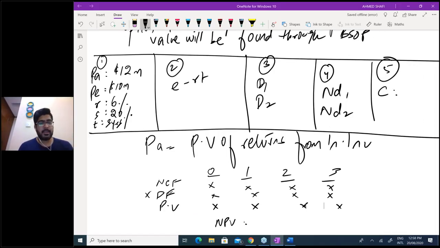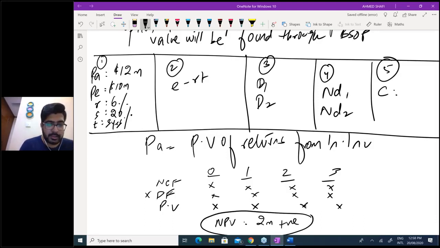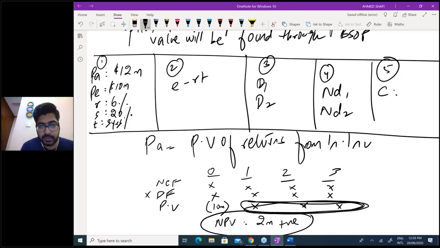Now NPV is 2 million positive. And the initial investment, which comes in year 0, is 10 million. PA stands for present value of returns from initial investment. So what would be the present value of returns? These returns have to be 12 million. So 12 minus 10 gives you NPV of 2 million positive.